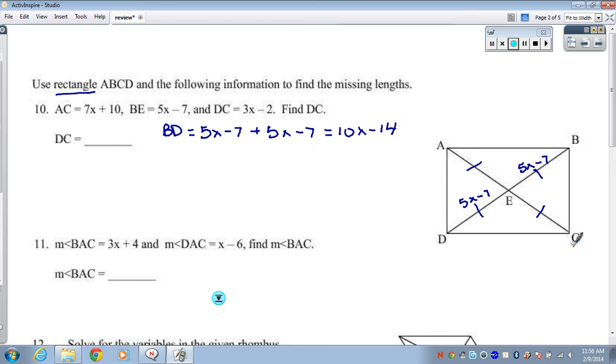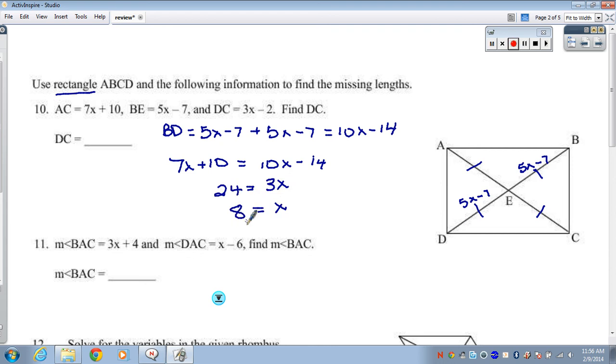And we know AC is congruent to BD. So 7x plus 10 equals 10x minus 14. 3x equals 24. X equals 8.